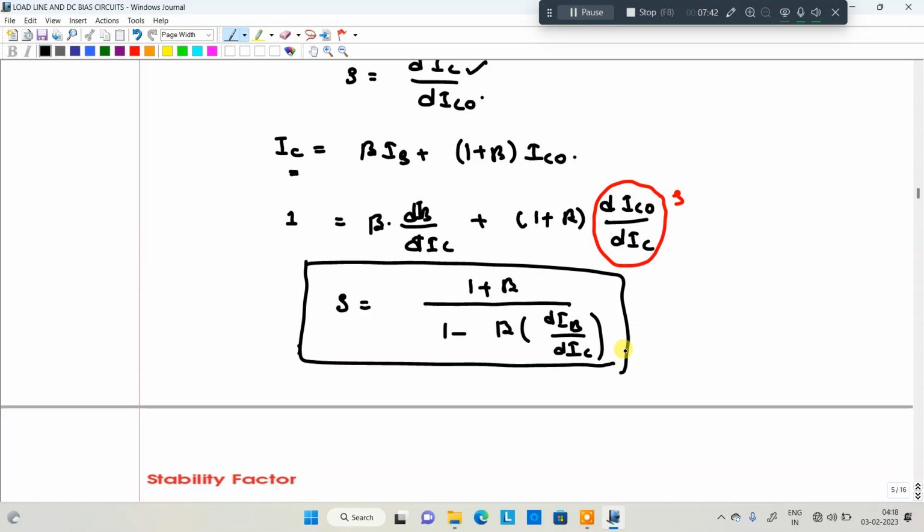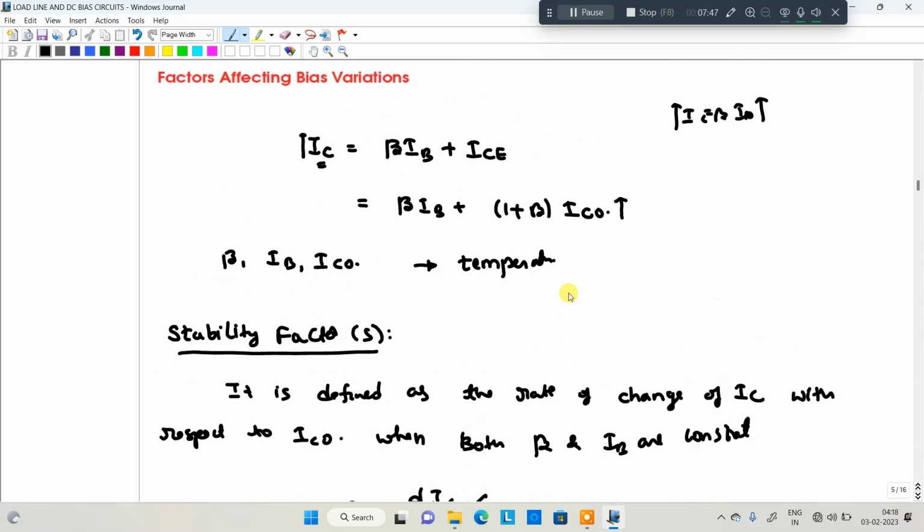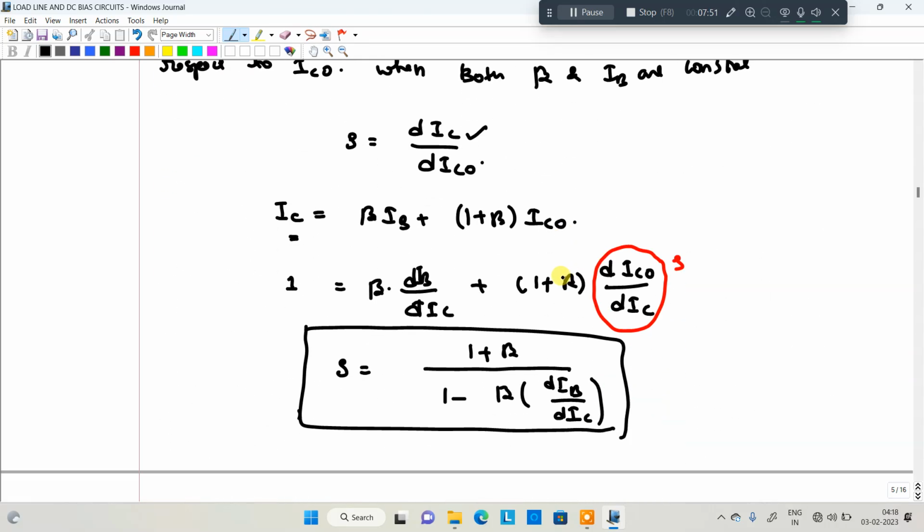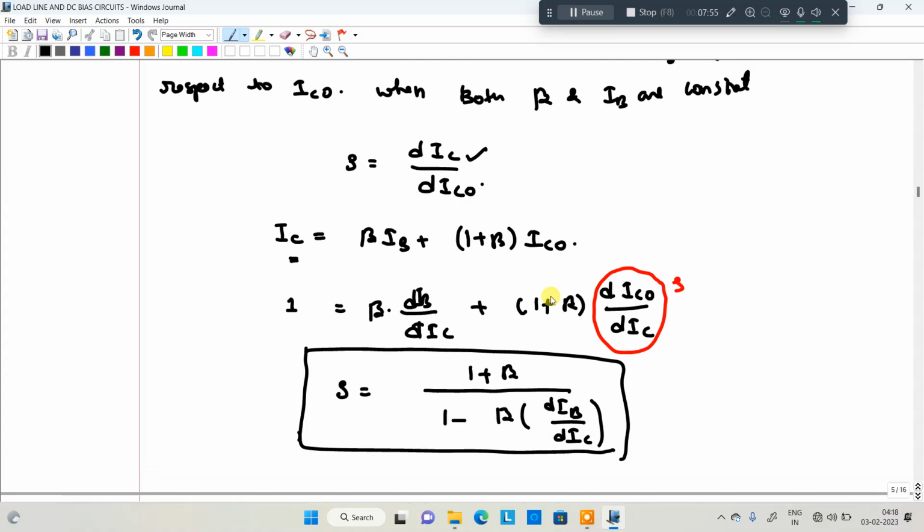Now you have the stability factor formula, as well as the different biasing techniques we are going to see. Before that, I'm going to provide beta sensitivity.